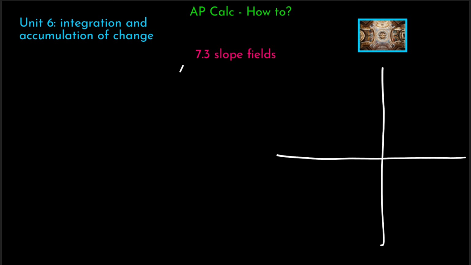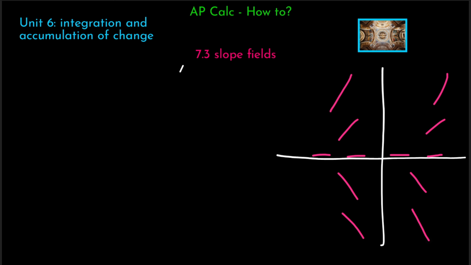Suppose a slope field shows horizontal lines at y equals 0. At y equals 0, we're going to have a bunch of horizontal lines. Positive slopes above the x-axis, so something like this. Negative slopes below.